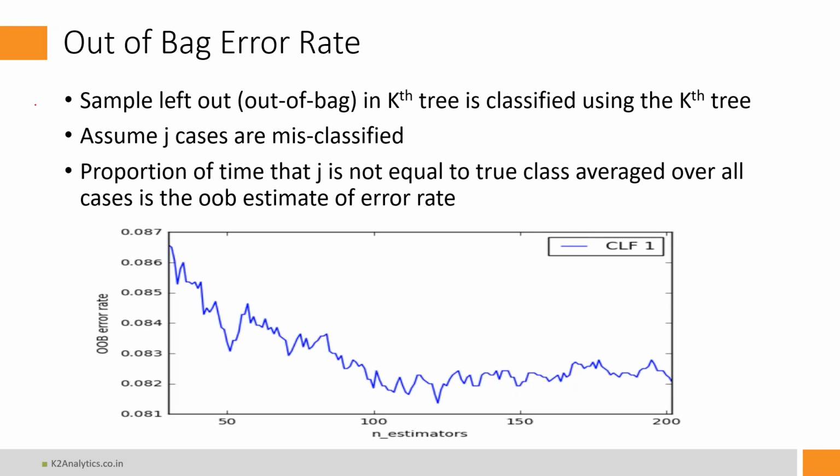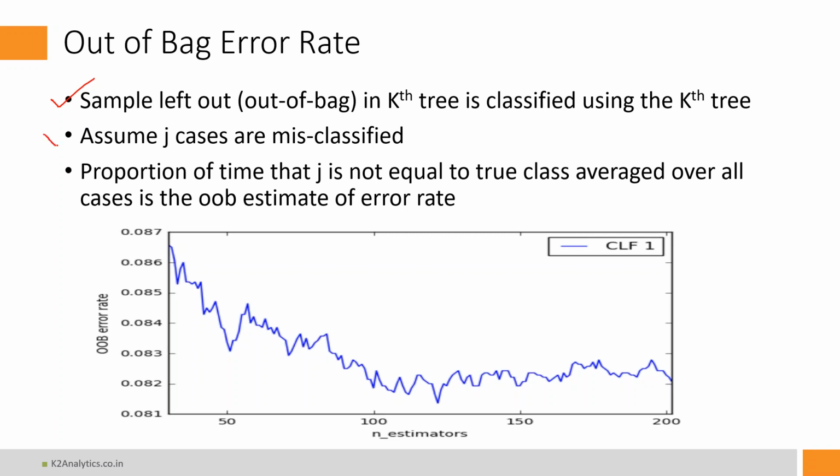With this understanding, let's quickly summarize the out of bag error rate. The sample left out in the kth tree is classified using the kth tree. The samples which are left out, those records are classified using the model in which they were not part of it during the model development phase.